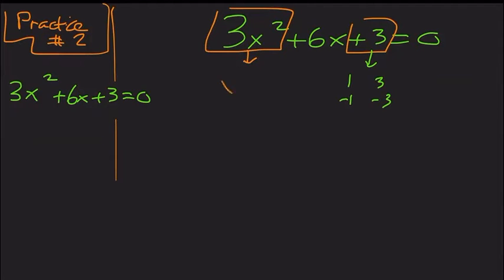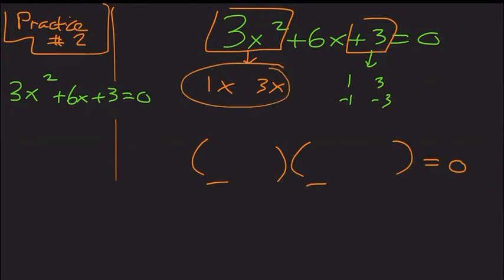For x squared, we know it's always going to be x and x. And then we're saying what numbers give us 3. That's just 1 times 3. Again, here we don't worry about the negative factors. So we're ready to set up our parentheses. Again, we find out what goes at the front of them just by looking over here. And there's only one pair, so we know it's going to be 1x and 3x.